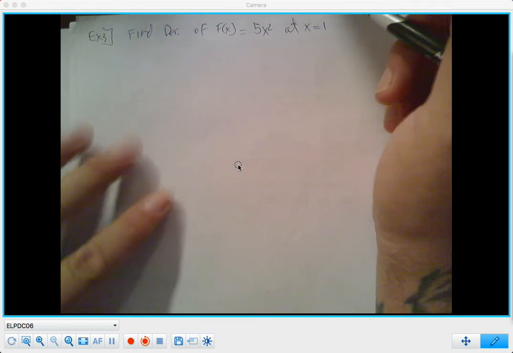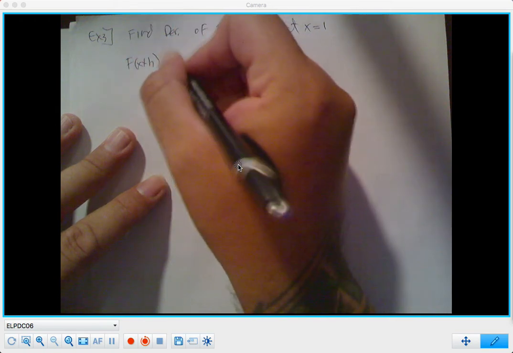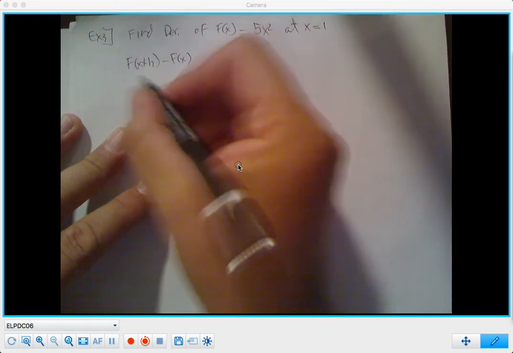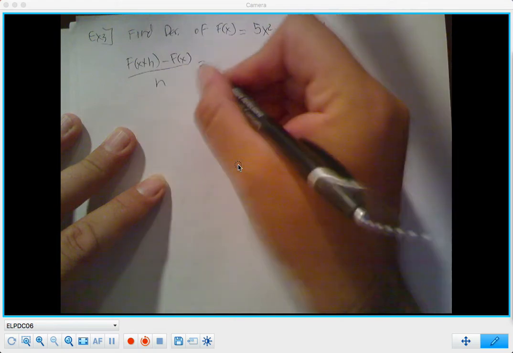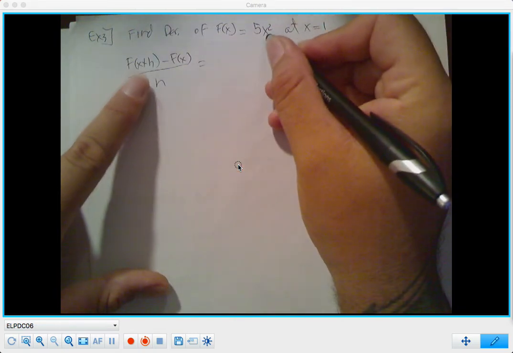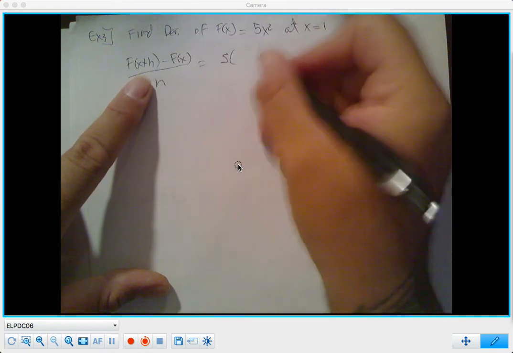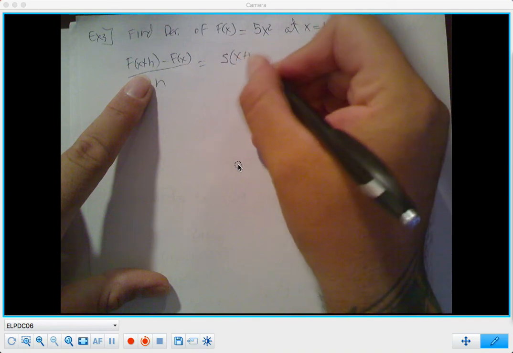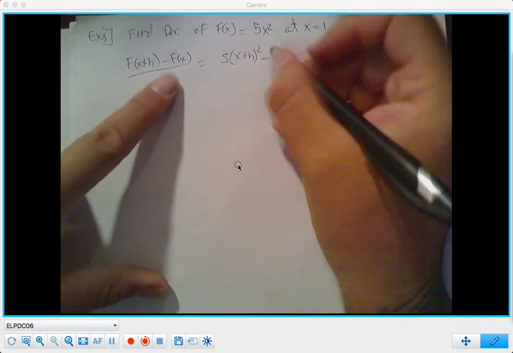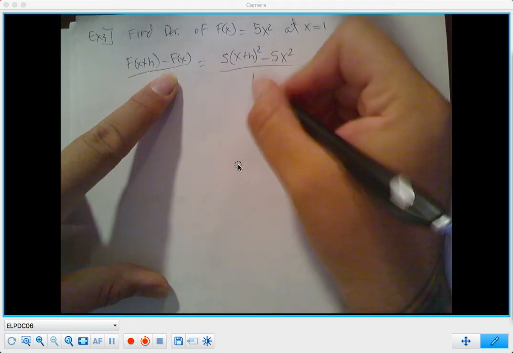Okay? So, f of x plus h minus f of x over h. Instead of my x squared, I'm going to put this. So I have a 5, open parentheses, x squared would be x plus h quantity squared, minus f of x, which is this thing, 5x squared, over h.